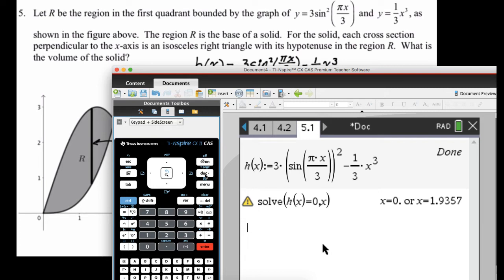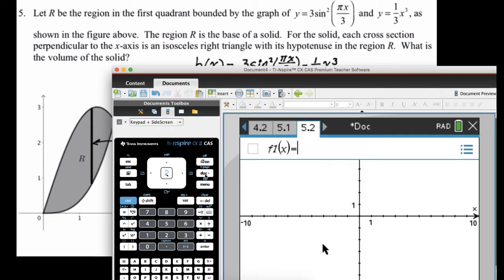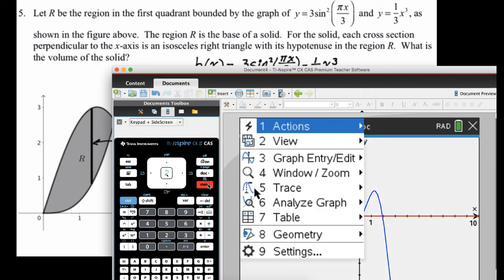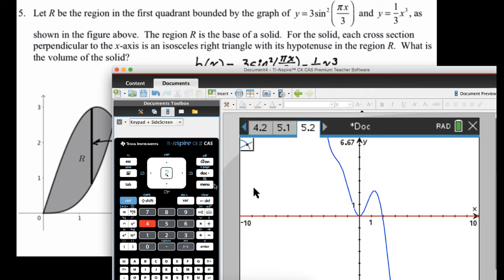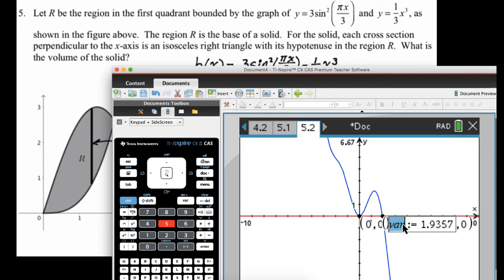If you don't like that, you could insert a graph page, graph h of x, graph 0, do menu 8, 1, 4, and here. The advantage this has is that it's really easy to store this value, which is why I do this a fair amount, even though solve is much more convenient.